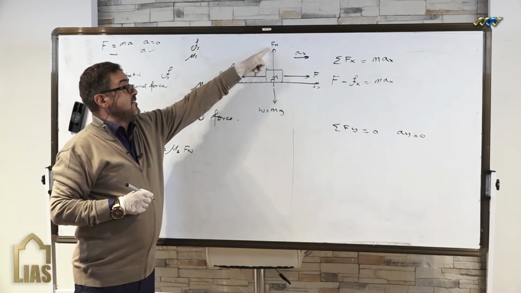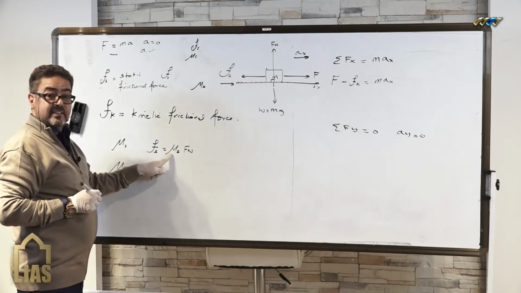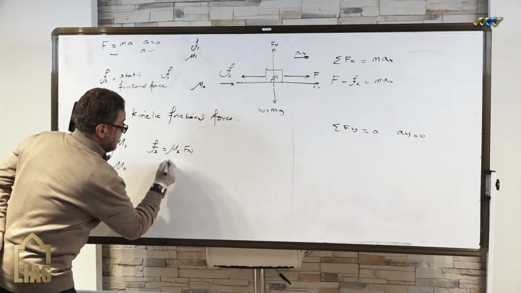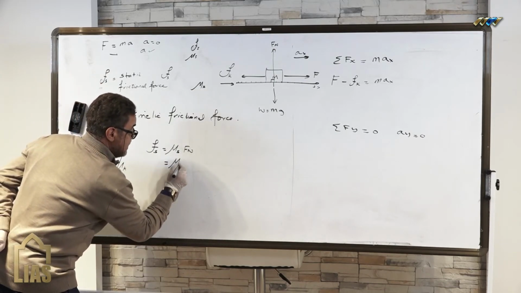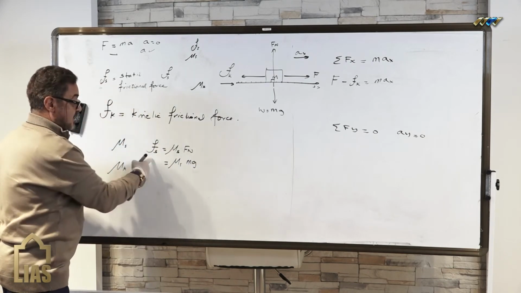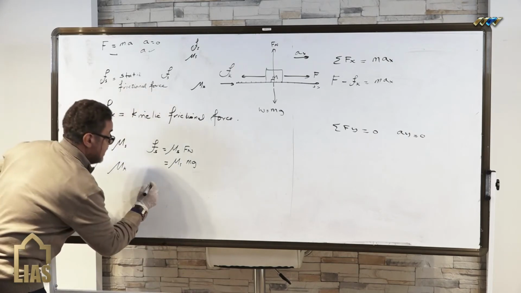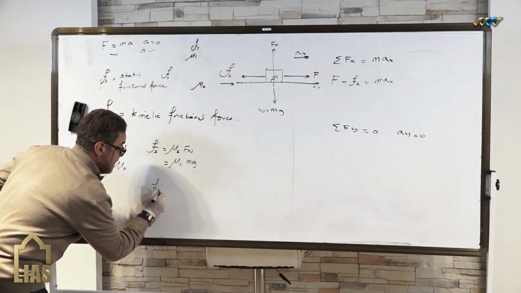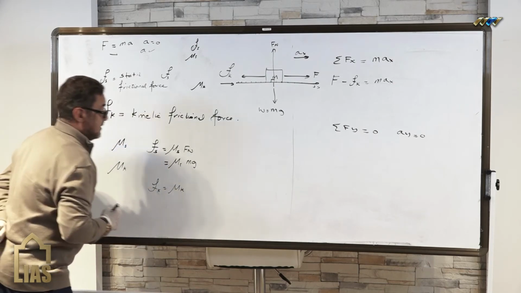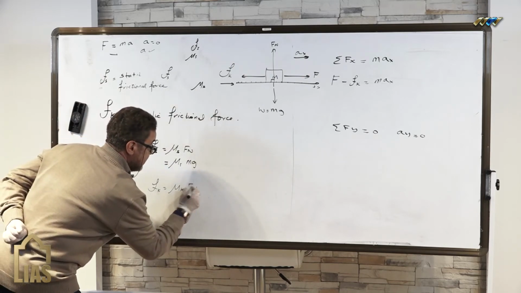In this case, Fn is equal to mg. Then if we have the factor here, okay, Fs is equal to mu s mg. Then you can calculate the Fs. The same thing here for Fk. We say the kinetic frictional factor times Fn.